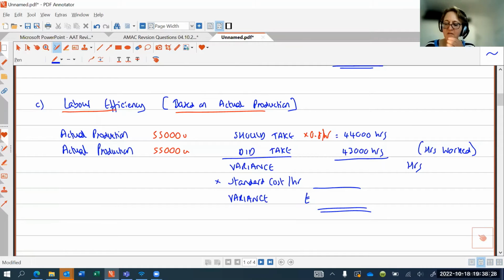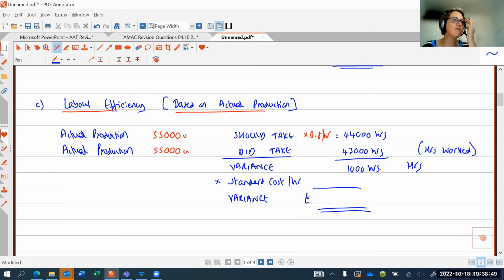Because if the staff are efficient, it will take them less time than it should. If they can get the job done more quickly than planned, then we'd say they are efficient. Are they efficient here? Well, it did take them less time than we planned. So I'd say that they were efficient. It's 1,000 hours different.